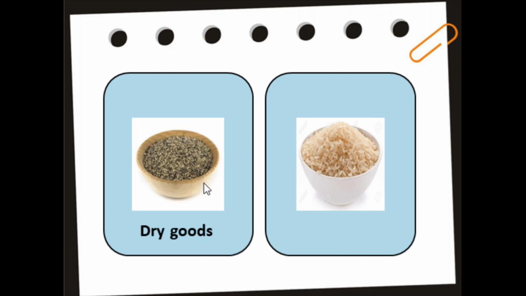Well done. How about this uncooked rice? What kind of good is this? Good job! It's another example of a dry good. Well done. Again, dry goods are goods that we can completely touch and feel with our bare hands.